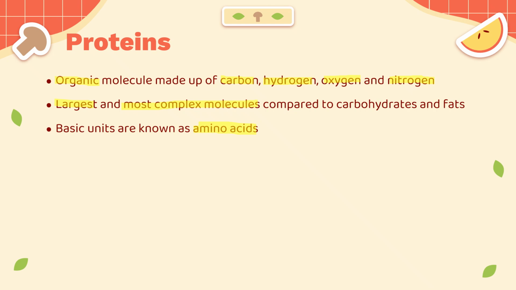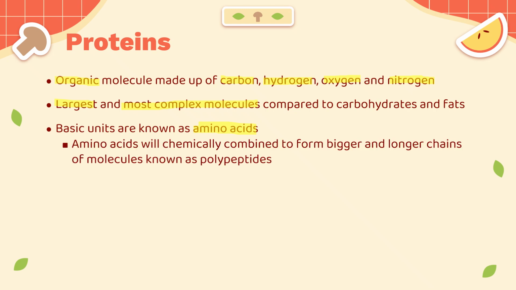And with 20 types of amino acids, I can form many different versions of protein, to put it in a very simple way. And so it is a very complicated molecule. Our body is made out of carbohydrates, fats, and proteins, but proteins take up the most diverse.